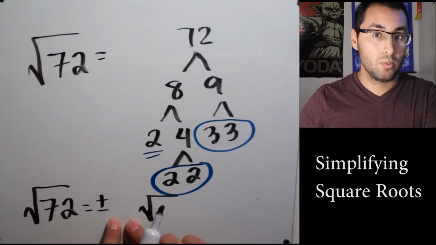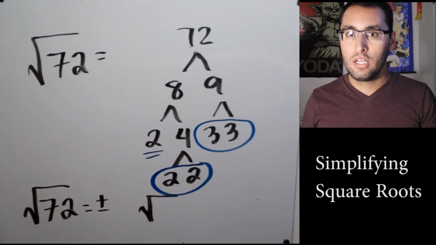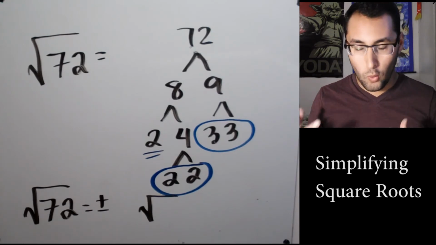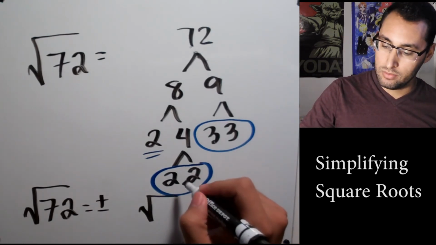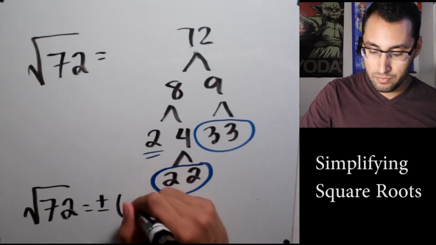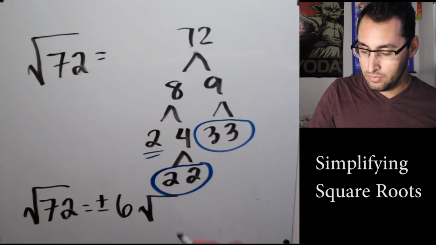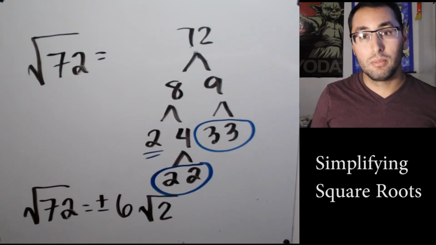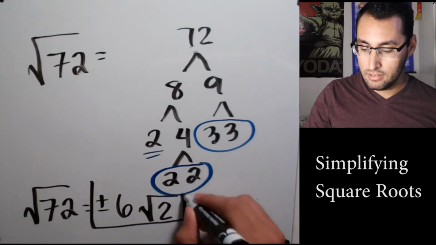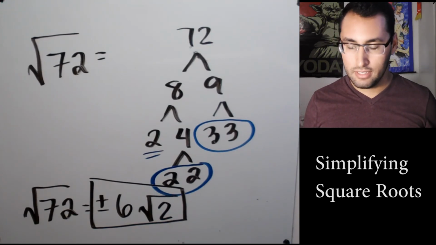It's actually multiply them together. When you're dealing with squares or square roots, you always work under the underlying idea of multiplication. So 2 times 3 is 6. I write a 6 outside. What's not a pair is the 2, so I write 2 inside. The square root of 72 is plus or minus 6 root 2.